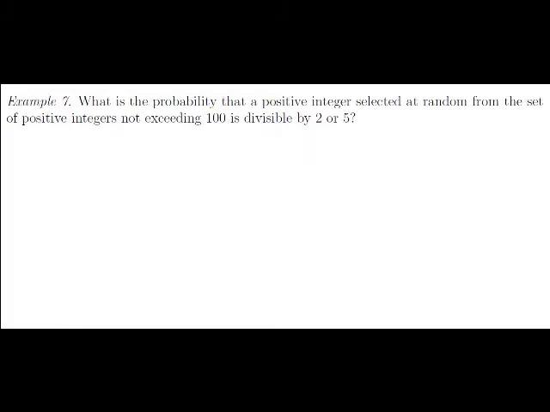Now let's do the last problem, example 7. What is the probability that a positive integer selected at random from the set of positive integers not exceeding 100 is divisible by 2 or 5? So let's define some sets.